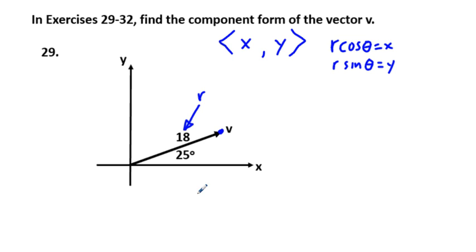So what we're going to have is our vector in component form, the x-coordinate. So the x-coordinate is going to be, this is going to be our adjacent side of the triangle, and our opposite side is over here to the right. And what we have is r, which is 18, times the cosine, or x, the horizontal direction, of 25 degrees.